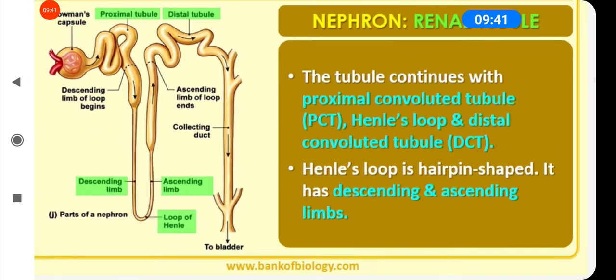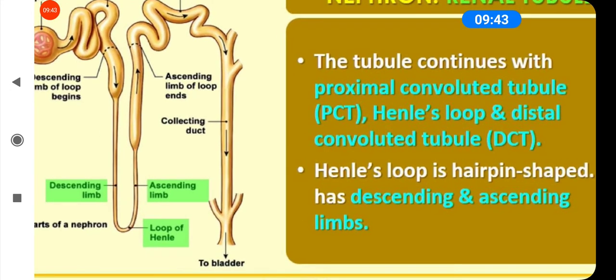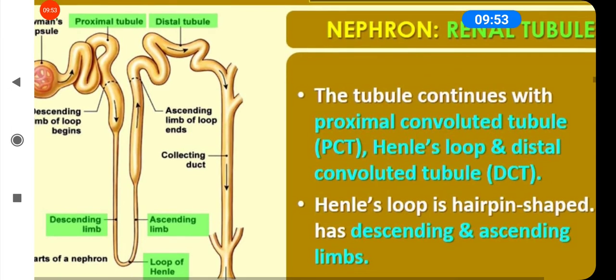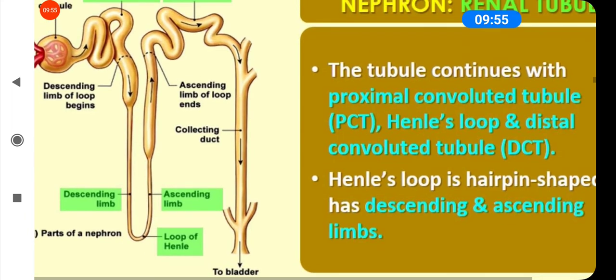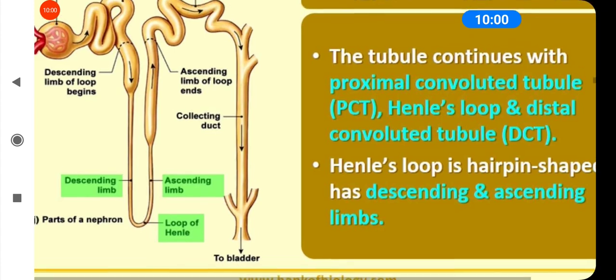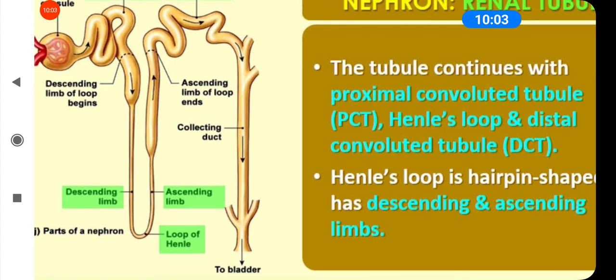Okay, so look here. The proximal convoluted tubule continues with the descending limb. Descending means moving down, and ascending means moving up. Later it joins the distal tubule, and then it forms a collecting duct which opens into the pelvis region. Now, what is the difference between the descending limb and ascending limb? The descending limb is thin. You can see the ascending limb is thick.